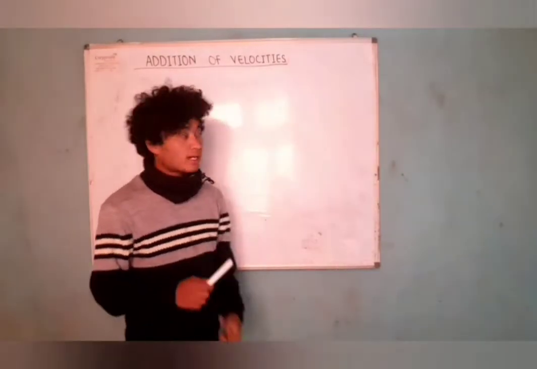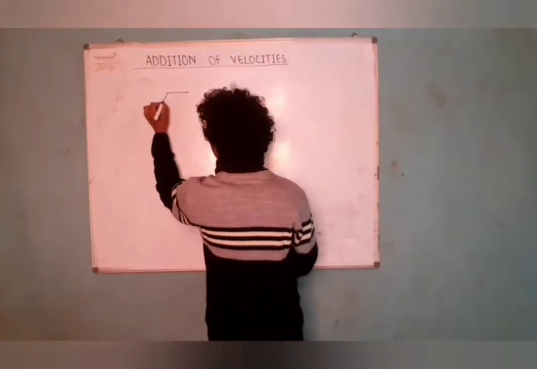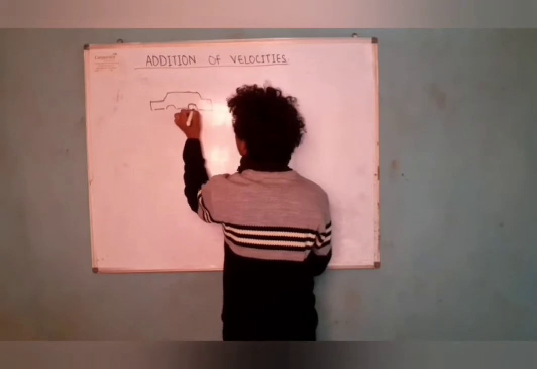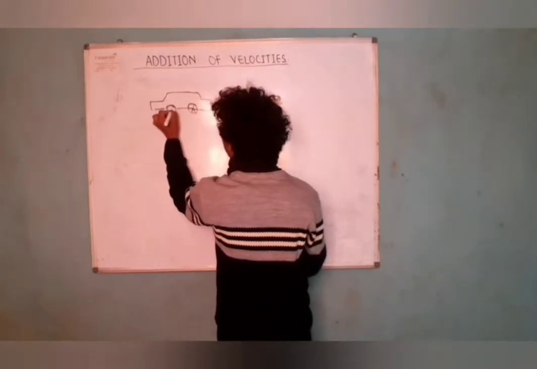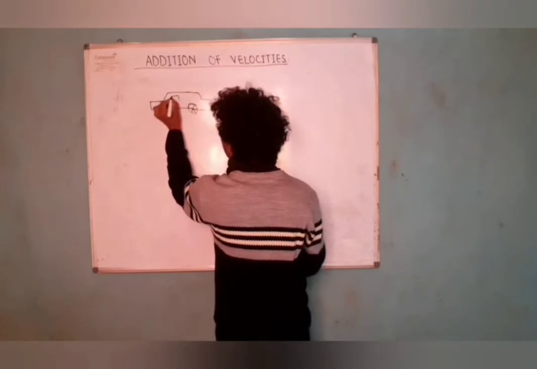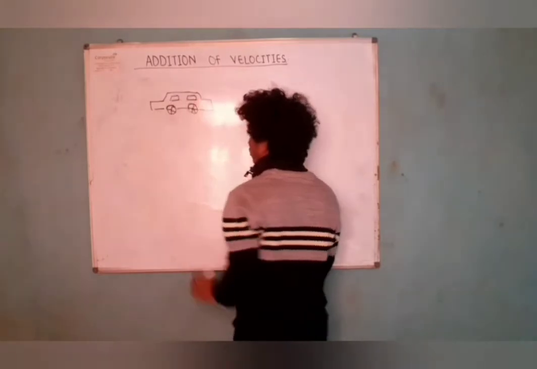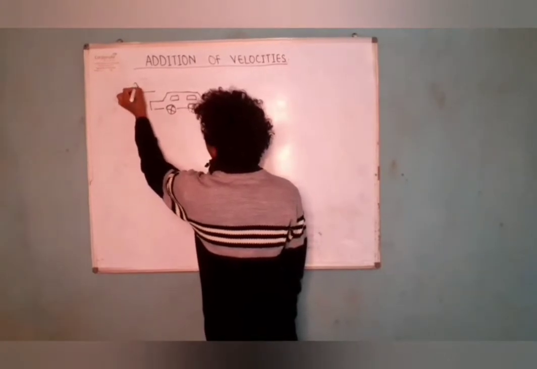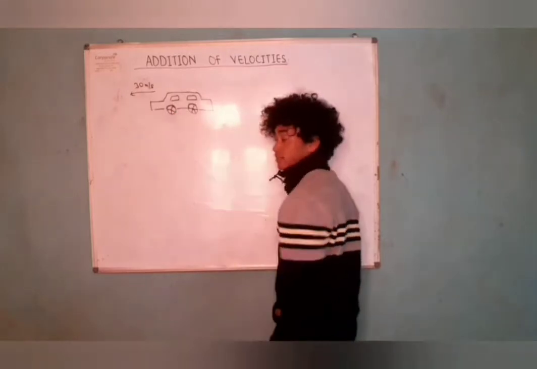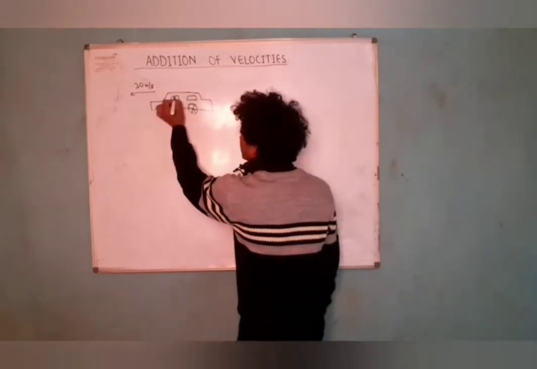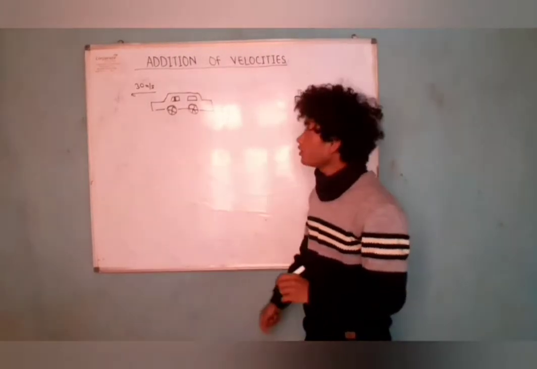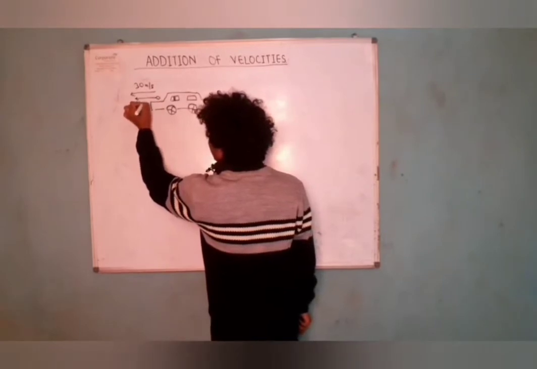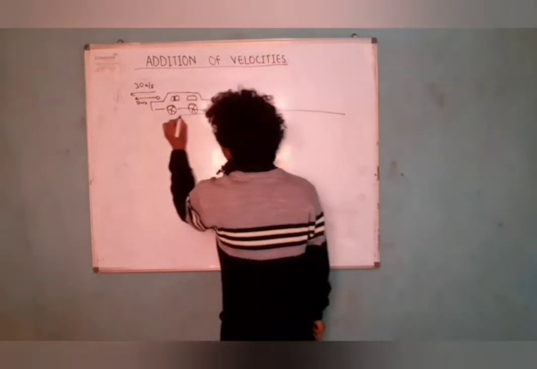So let us assume one car. We consider one car that is moving with velocity 30 meter per second in this direction, and the driver who is driving this car threw one ball towards this direction with velocity 10 meter per second, and this is a road where the driver is driving a car.